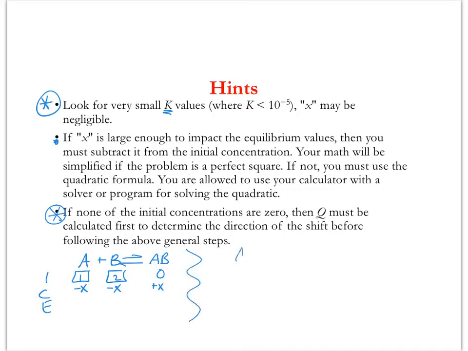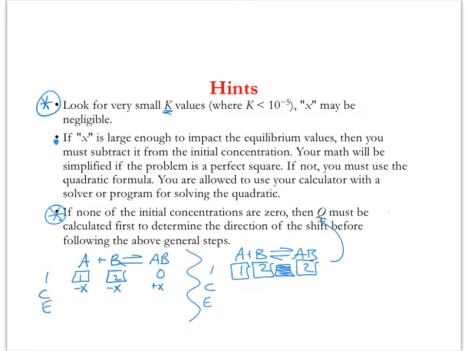If you're given a problem where you are provided with initial amounts of all of your components, so your product doesn't start at 0, what you'd first have to do is calculate Q, compare it to K that you'd be given, and then determine who's gaining and who's losing here.